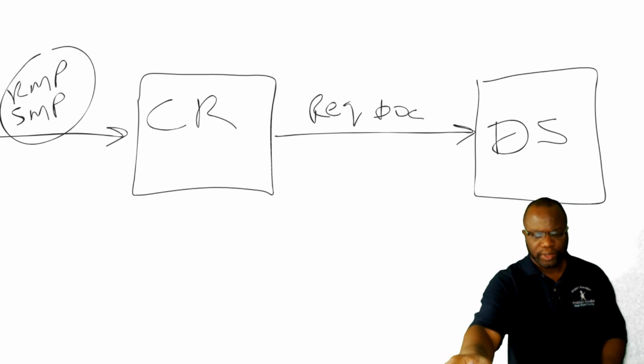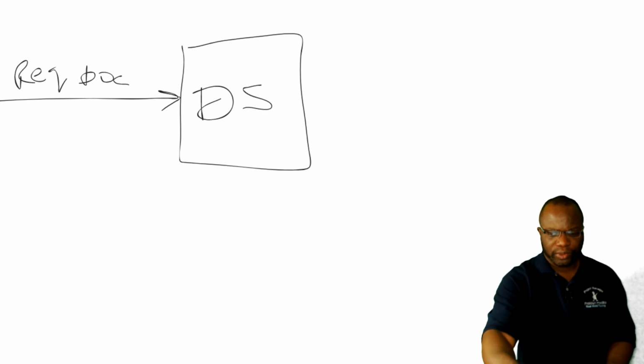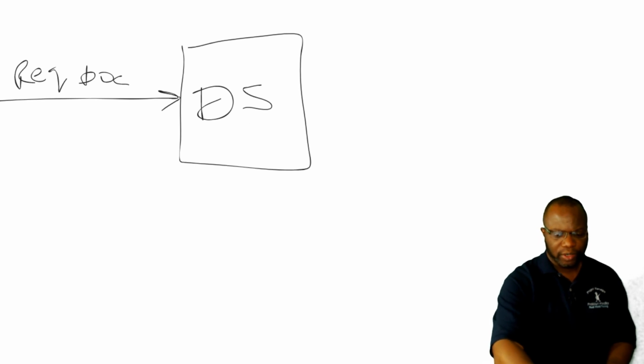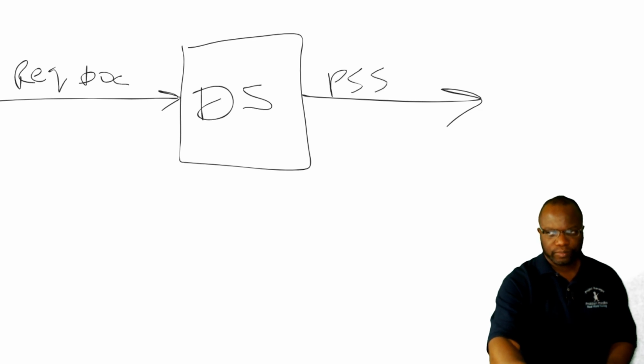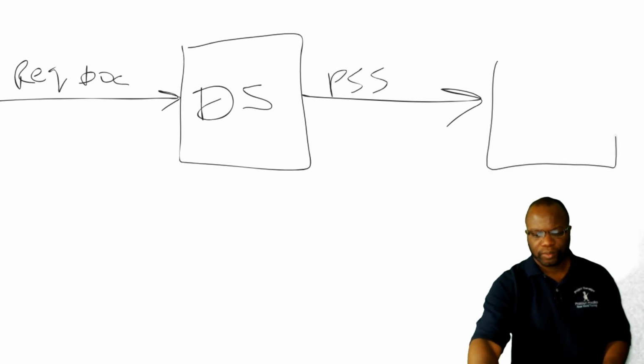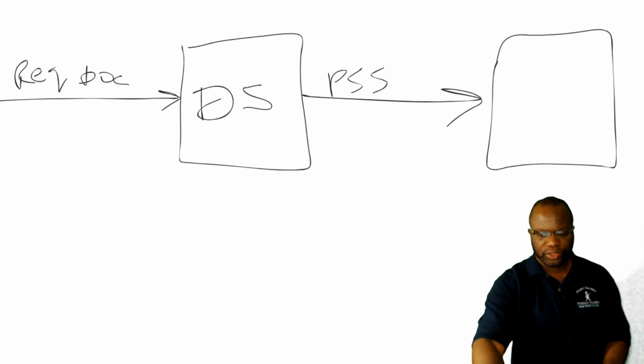Define scope gives you an output known as the project scope statement. And the project scope statement then goes into the create WBS process.